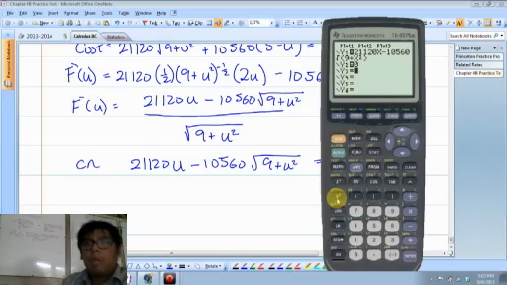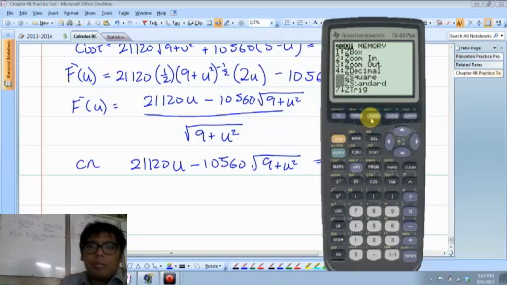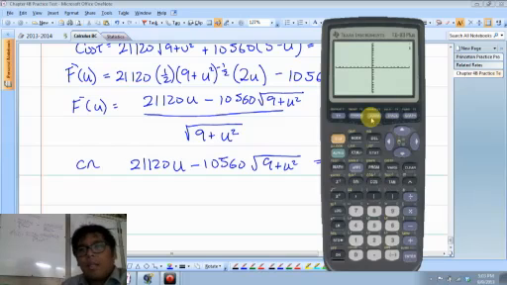Set that equal to 0. I'm going to zoom 6 and get this. Okay. And x equals 0.